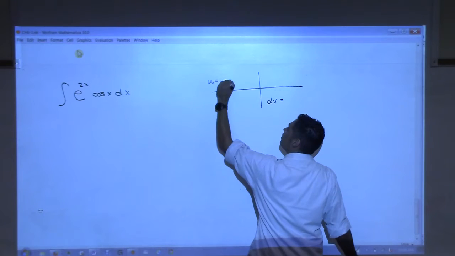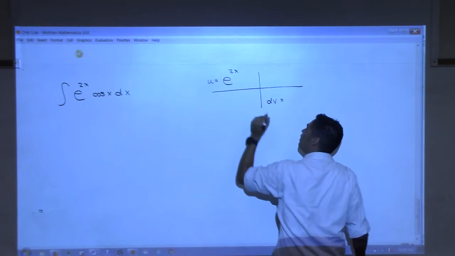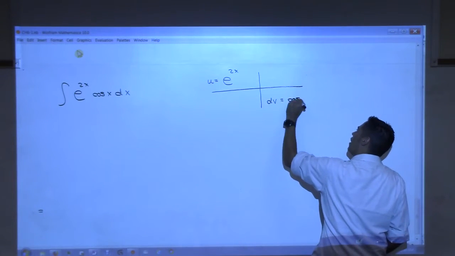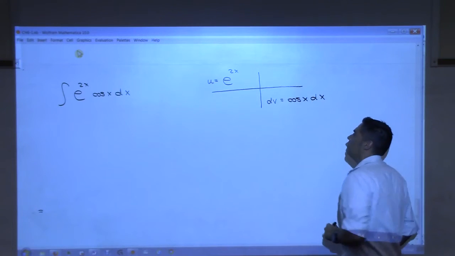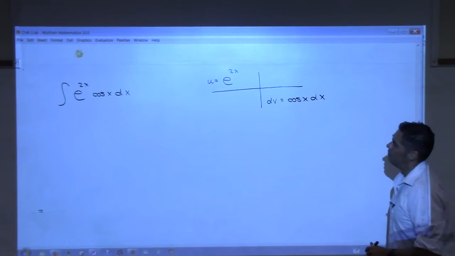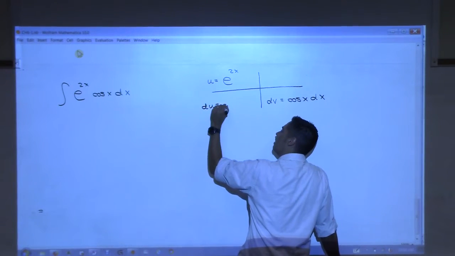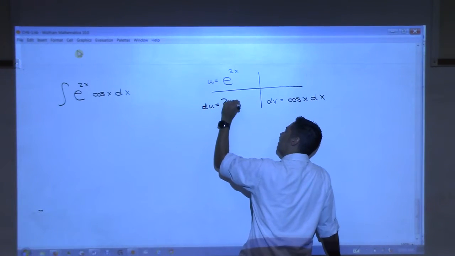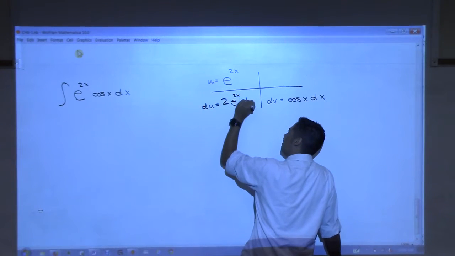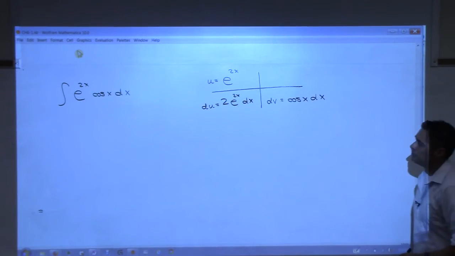So I'm going to choose u to be e to the 2x. And then this, I'll let be cosine x dx. Now let's just see what happens. All right? So the derivative of e to the 2x is 2e to the 2x dx. That 2 comes out from chain rule, right?